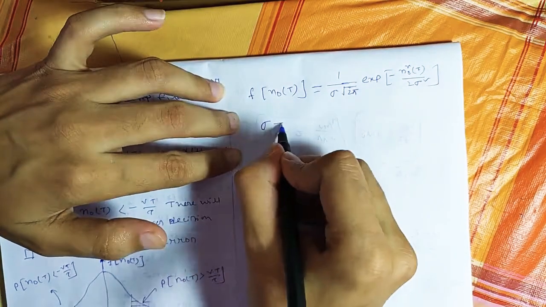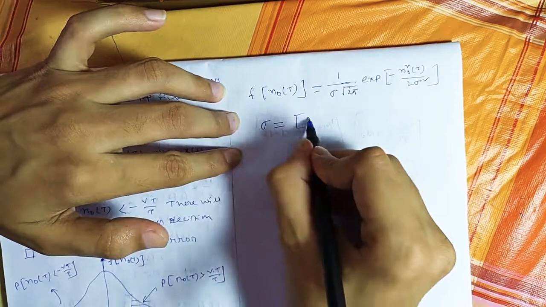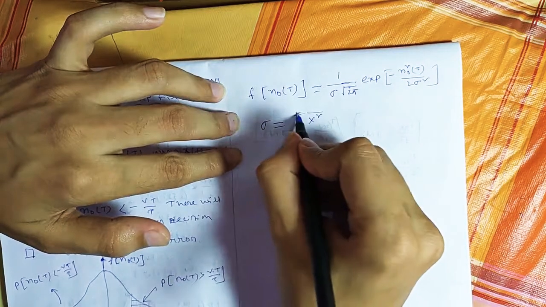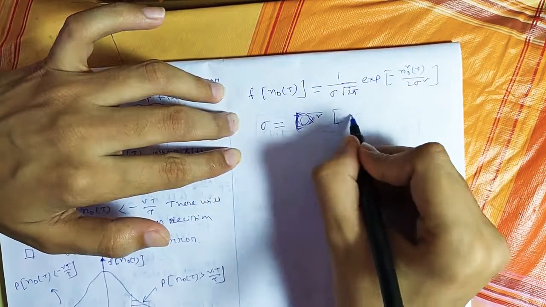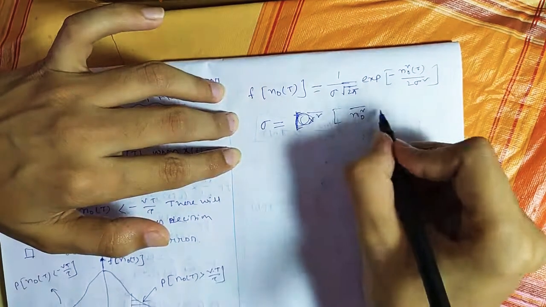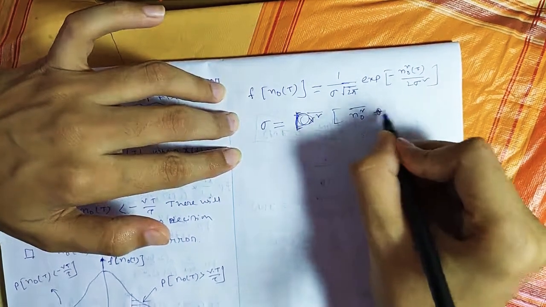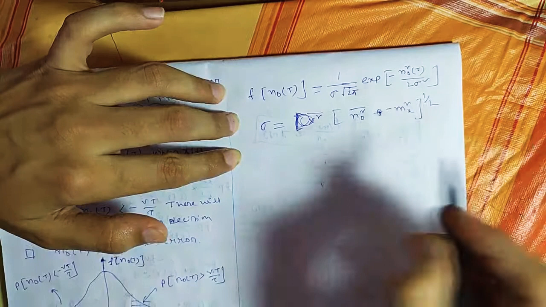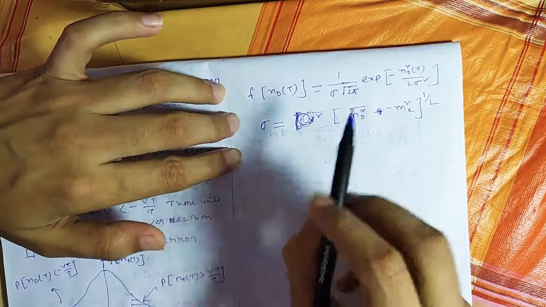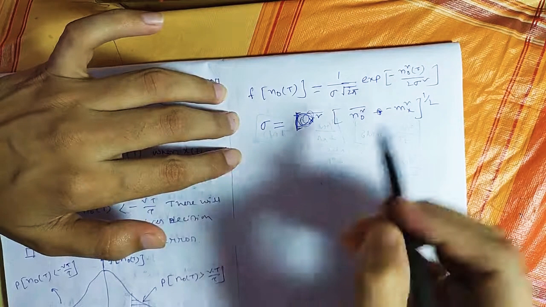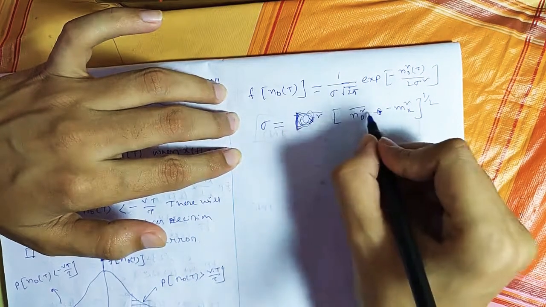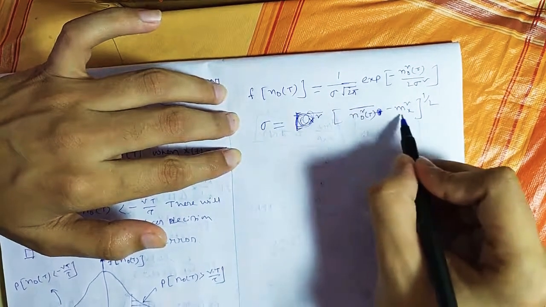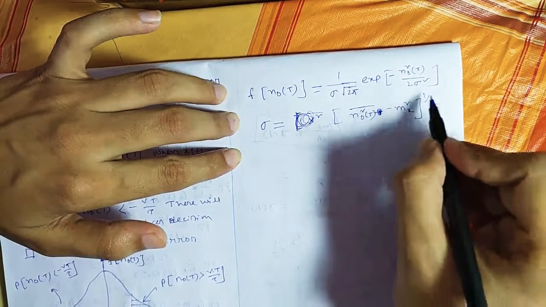Sigma can be determined from the mean square value of the noise minus the square of the mean value, and then the root.